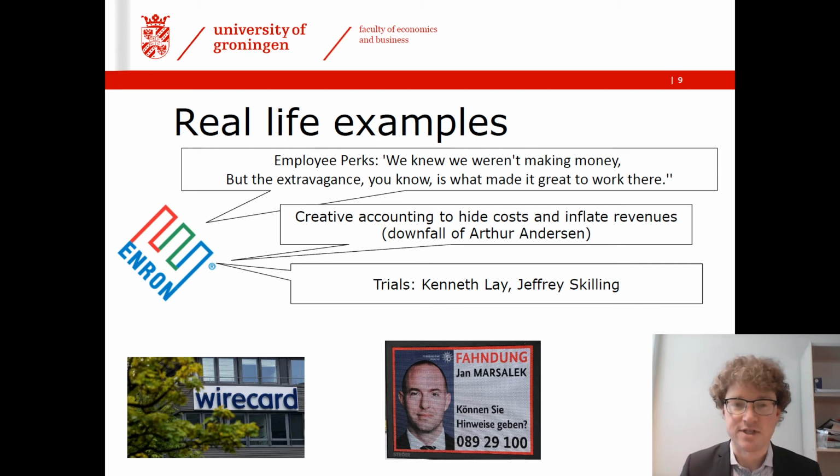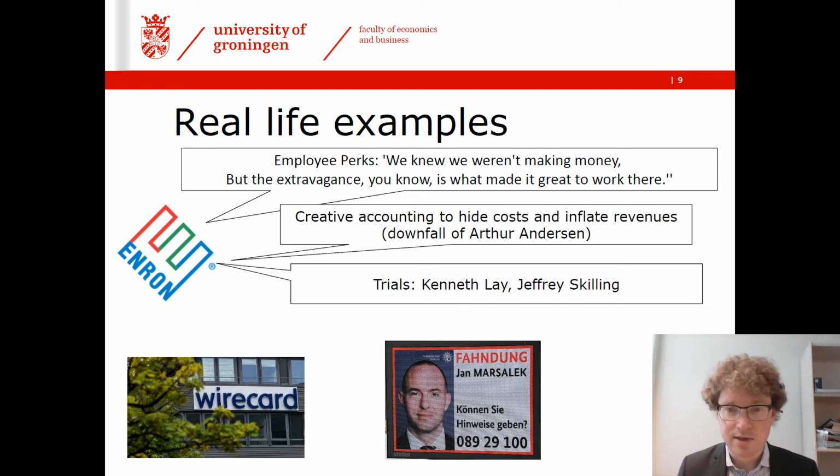Quite new, or not quite finished yet, but still going on, is of course the Wirecard example that you might have seen in the newspaper evolving over the last couple of months. Wirecard, of course, is this German fintech firm, which turned out to have made up basically lots of revenues which did not exist in practice, to such an extent that it's now managed by an outside assessor, and it's broken up and worth a lot less, and lots of investors are actually losing all their money over this firm.